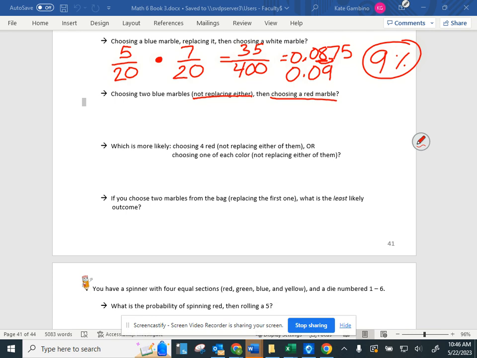Wait, so, wouldn't it be 18? So let's think about this one. Think about what you're doing. You're going to choose 2 blue marbles. Can I put it on the board? Go ahead.